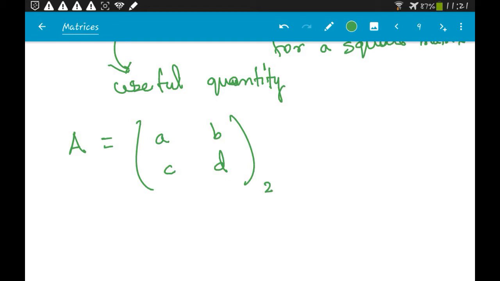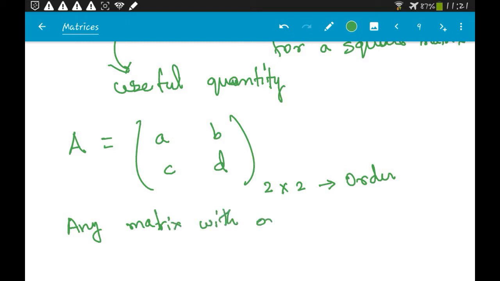Because the number of rows and number of columns are the same. So the order is 2 cross 2. Any matrix with order n cross n is a square matrix. This is pretty intuitive. It looks like a square essentially. There are 4 elements in total arranged in a square.